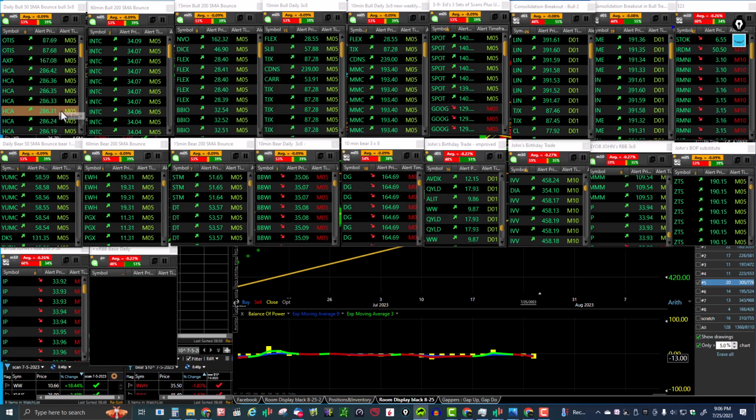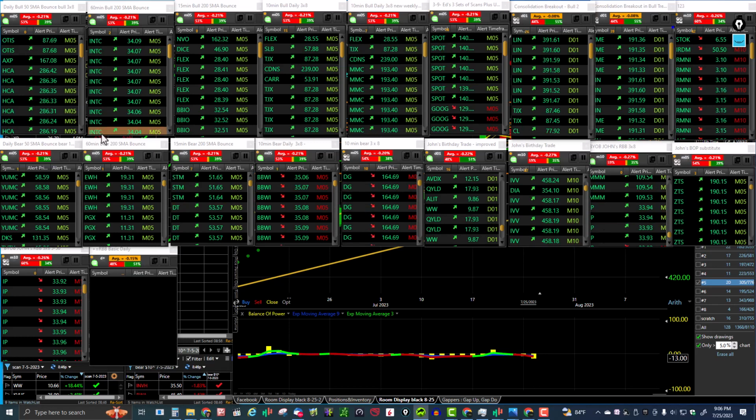This thing brings me trades, one right after the other. It's like having an employee just handing you trades to take. Look at Google. Look at Spot. Look at ZTS. Look at 3M. Look at Dollar General.